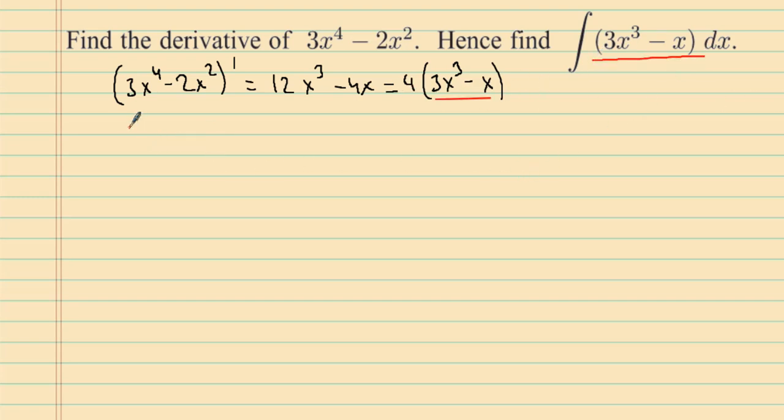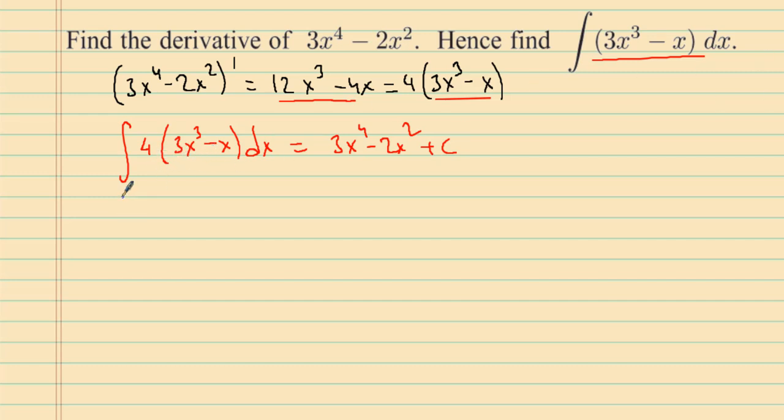So what does it mean? The integration of 4 times this function, which can also be written in this form, let me rewrite it: the integral of 12x cubed minus 4x dx is equal to 3x to the power 4 minus 2x squared plus c. I know this integration, but they do not ask me this part. They are asking only for 3x cubed minus x.